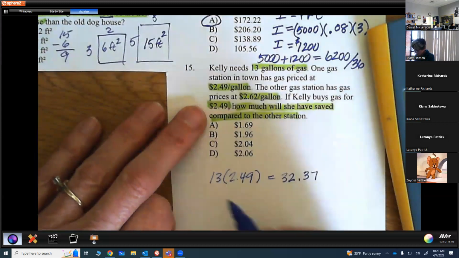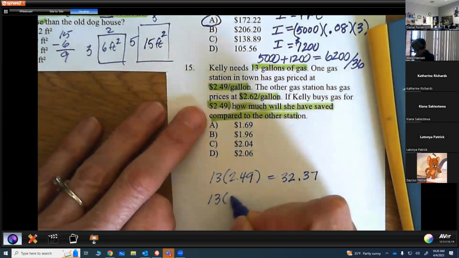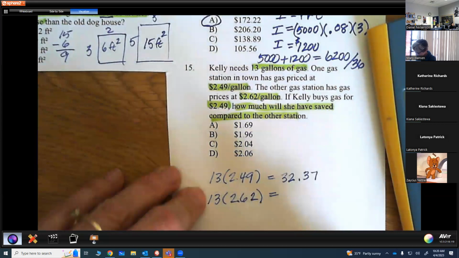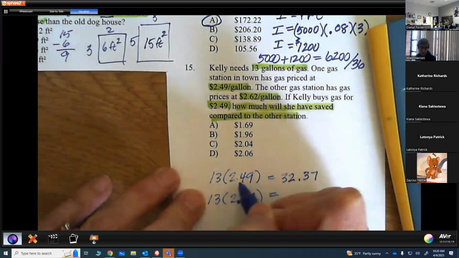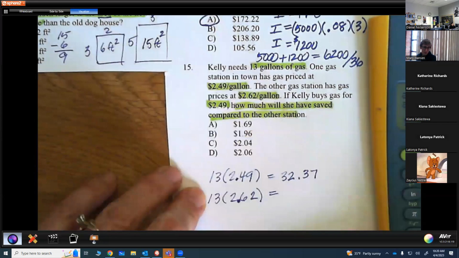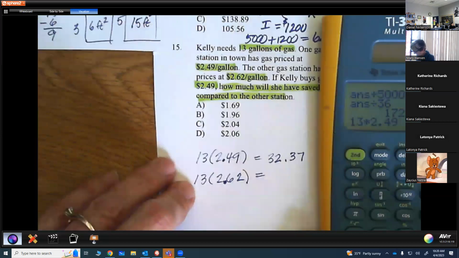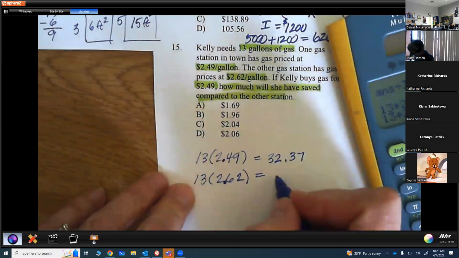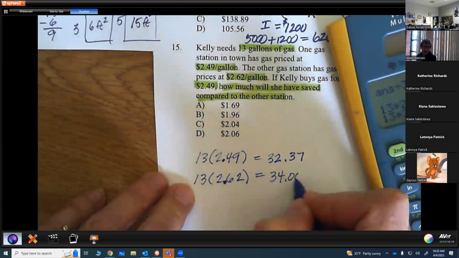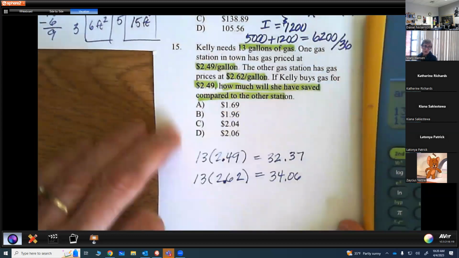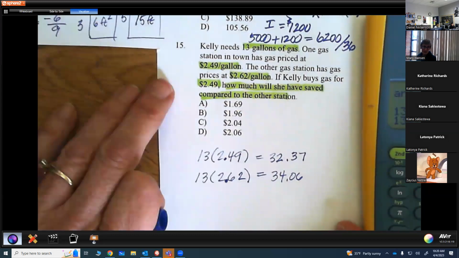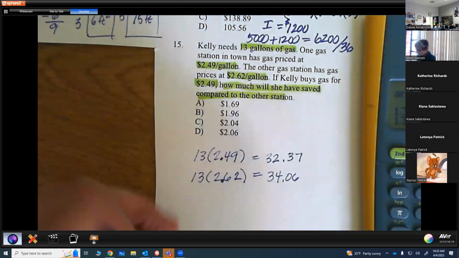If she were to buy the gas at $2.62, and as I'm looking at these problems, I'm wishing gas was priced in the $2 range rather than where we are right now. If she pays $2.62, she's going to pay $34.06. And this question is asking how much will she have saved? Just like the first problem, we're looking at the difference between these two numbers.